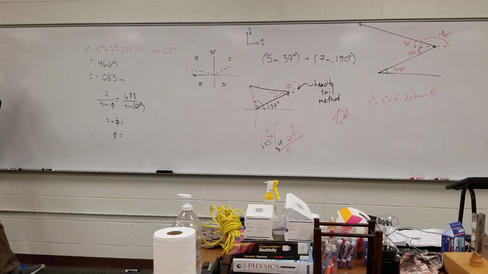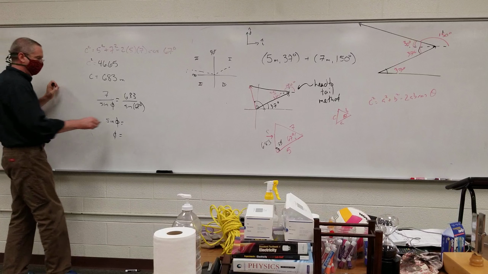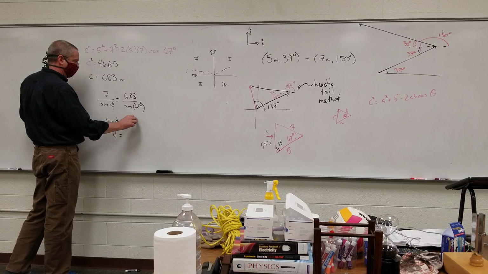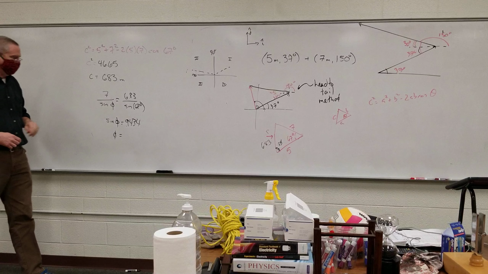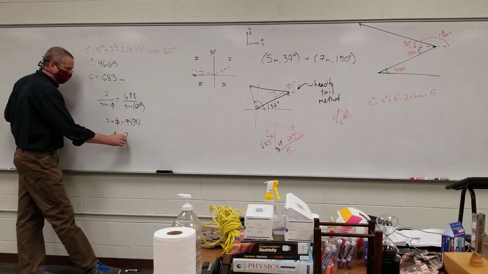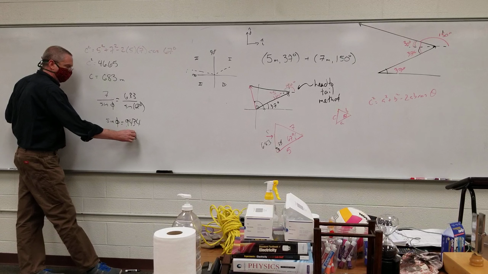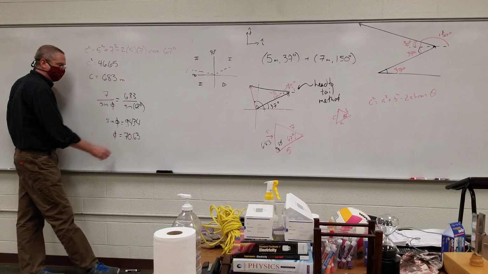Sine of phi is more around 0.9. 0.9434. And then 70.63. That would be a degree, right?